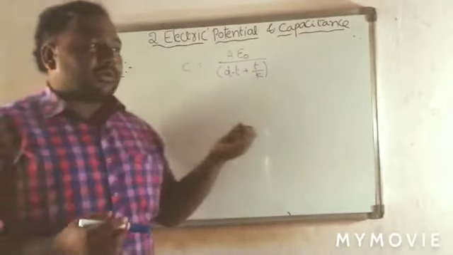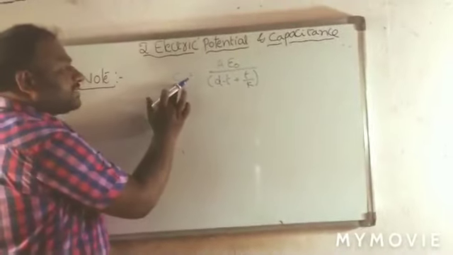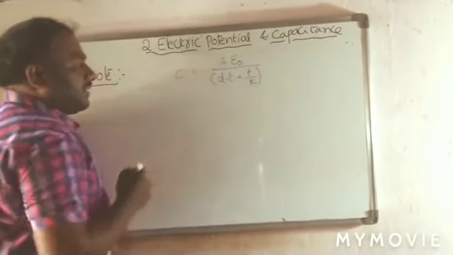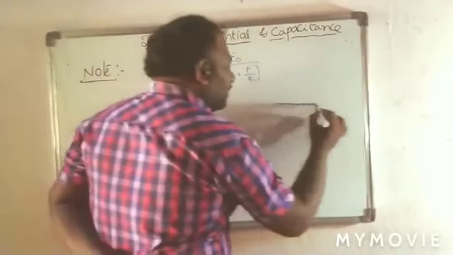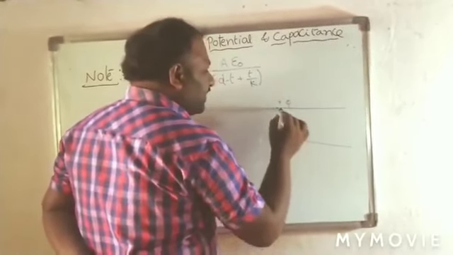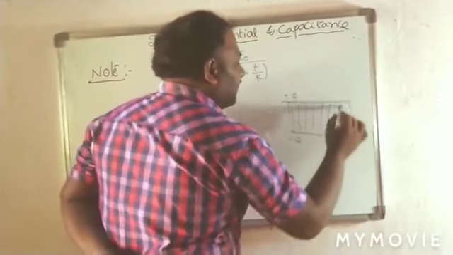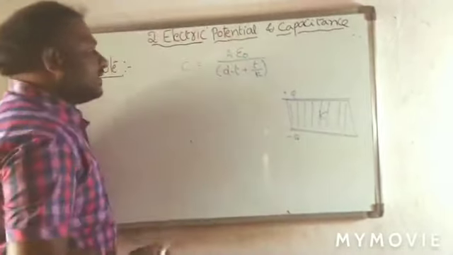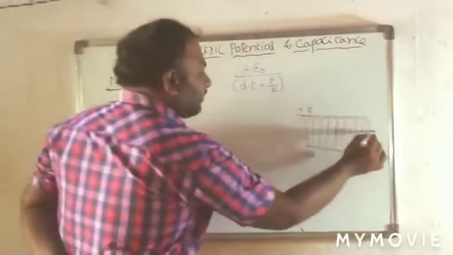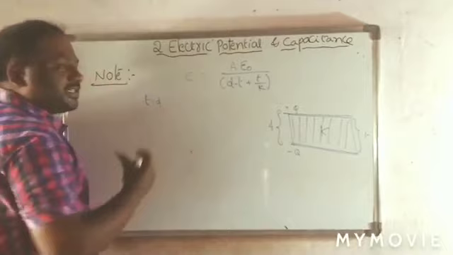Now see some points we have to remember. Generally they are given for 1 mark questions. This is the capacitance of the parallel plate capacitor when a dielectric slab of thickness T is placed. For example, if the parallel plate capacitor is completely filled with dielectric of value K, then the thickness of the dielectric is equal to the separation between the plates.